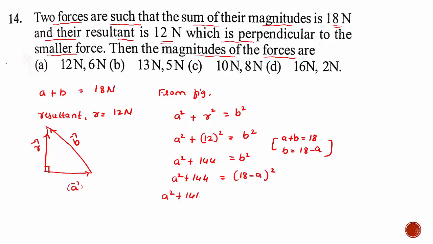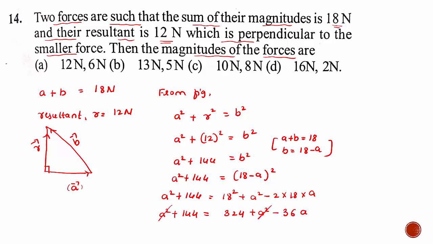Now the LHS stays as it is. A minus B whole square means A square plus B square minus 2AB. This is of the form A minus B whole square. So we can write A square plus 144 equal to 18 square, which is 324, plus A square, keep as it is, minus 18 into 2, that is 36A.